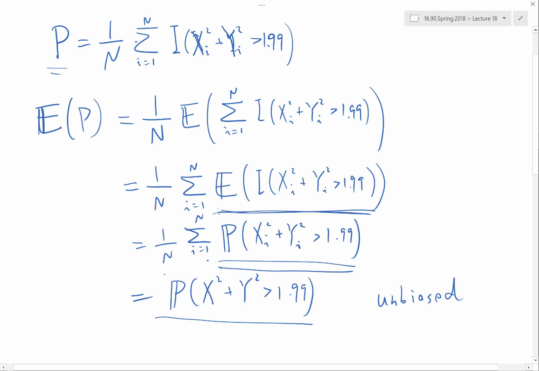But in many cases, it's a little bit more complicated. For example, if you have an algorithm to estimate not the probability of something, but the standard deviation of a random variable, right? Then it's a little bit more complicated to get a Monte Carlo method that gives you unbiased estimators. All right, and sometimes it's even impossible to get an unbiased estimator.